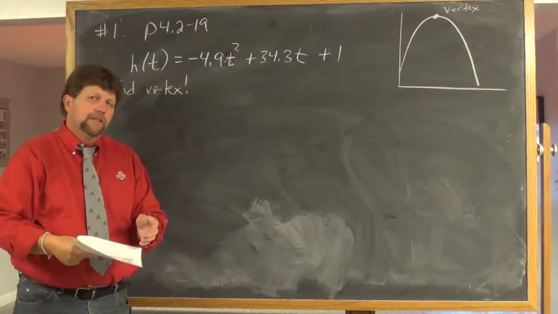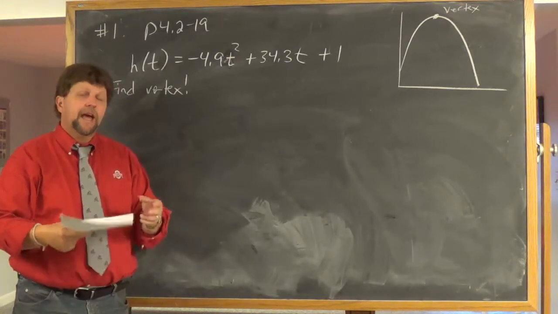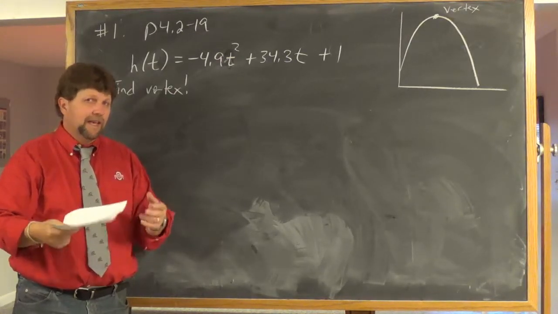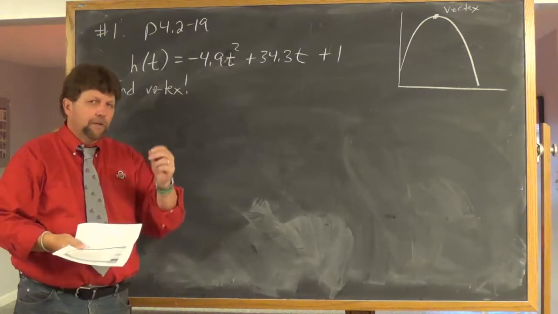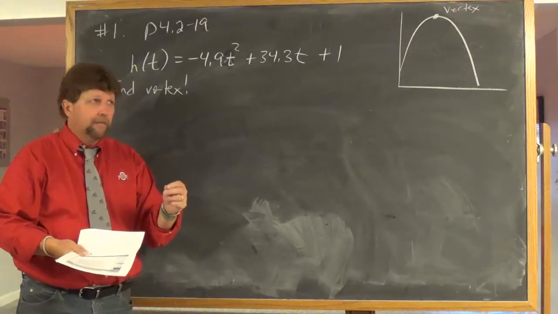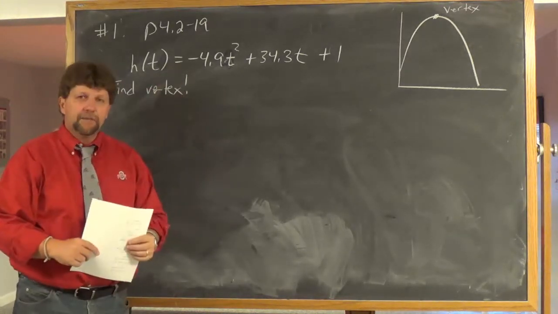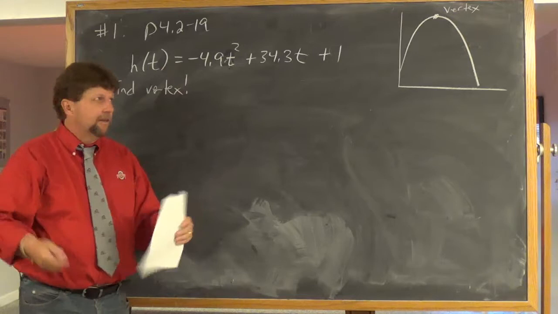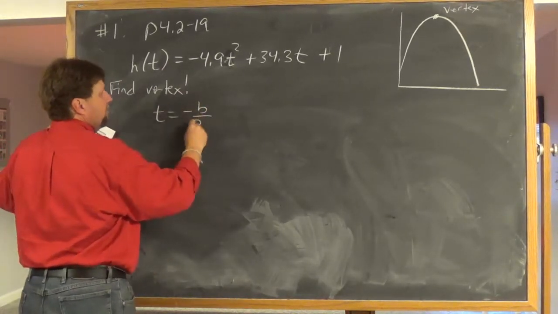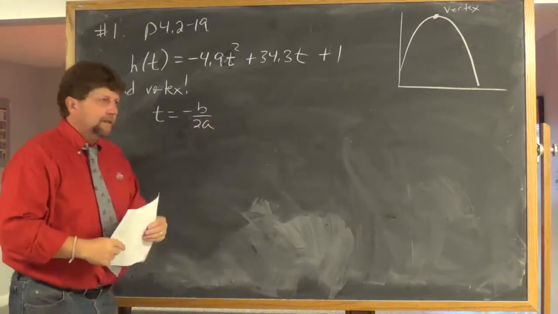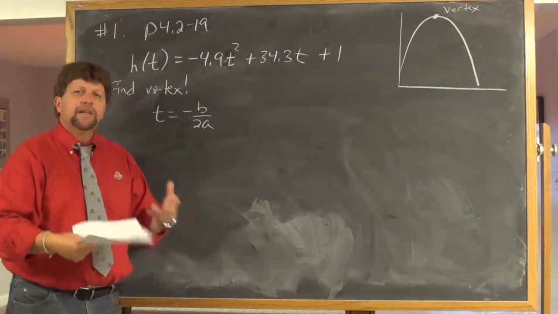We had just looked at the formula for finding the x-coordinate of the vertex. That was x equals negative b over 2a. That's the formula when x is the independent variable. Here, t is the independent variable. Big deal. The formula is still the same. Negative b over 2a.